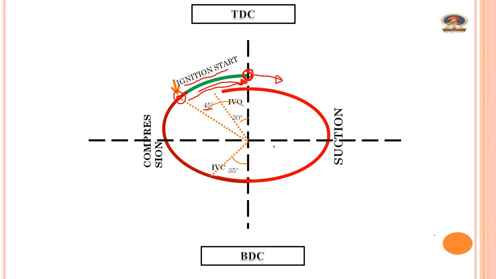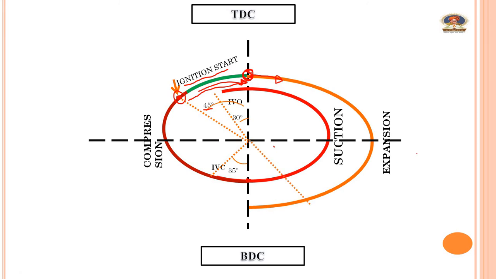Now at the end of compression, expansion will start. The power generated during the power stroke is transferred to the crankshaft, and expansion of the burnt gases will take place.